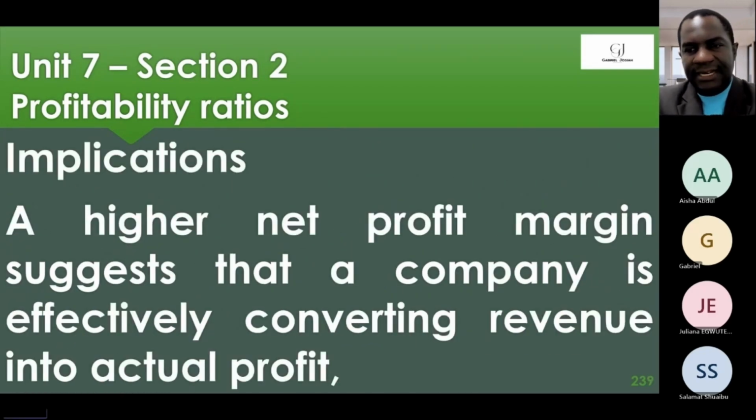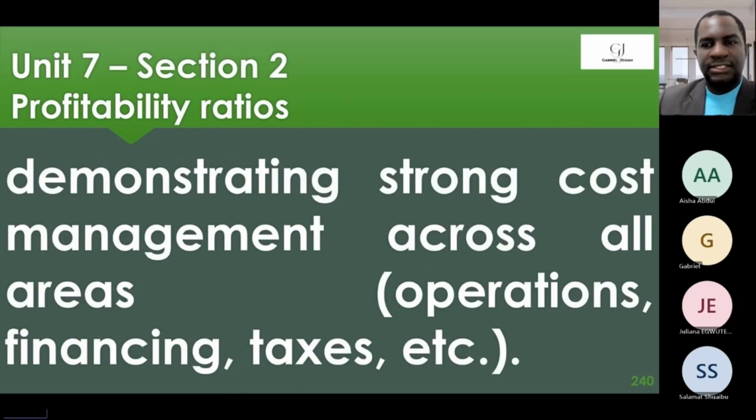So the implication is that a high net profit margin suggests a company is effectively converting revenue, as we've spoken to, demonstrating strong cost management across all areas: operations, financing, taxes. So where the figure is positive, I think we need to give management credit. It just now depends on their improvement. In this situation where they are static, they are doing 6% every year.